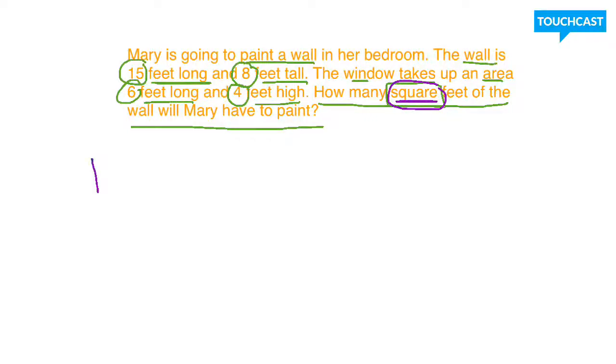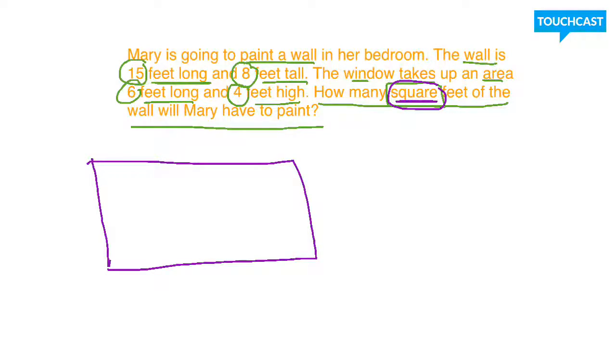So here's her wall. You can draw a wall, and it says 15 feet tall, or long, sorry. And I think tall with height, like you say you're 5'3" is how tall you are. So 8 feet tall, 15 feet long.